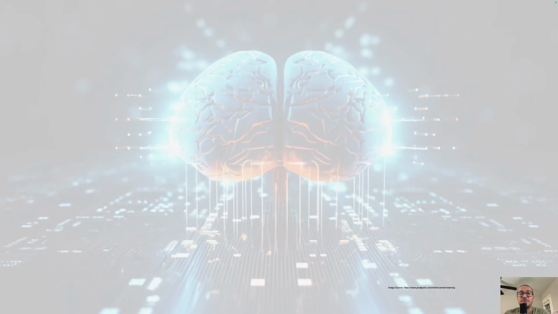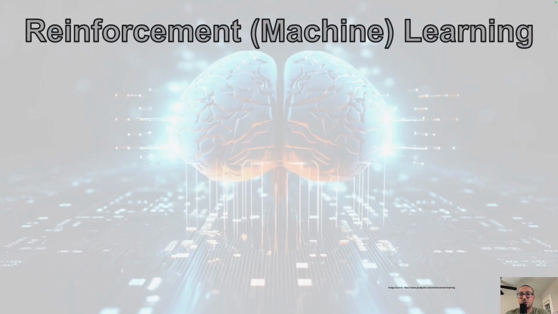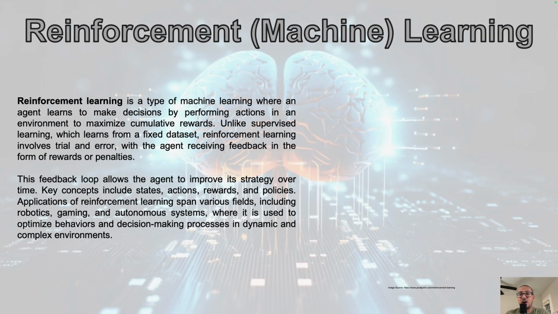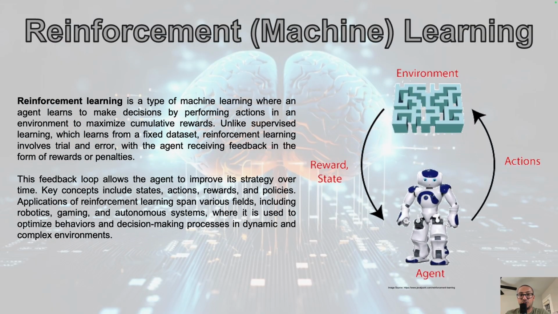Now, the last but not least type of machine learning is reinforcement learning. Reinforcement learning is a very fascinating area of machine learning where an agent learns to make decisions by interacting with its environment and receiving feedback in the form of rewards or penalties. Unlike supervised learning, which works with fixed datasets, reinforcement learning is all about trial and error.